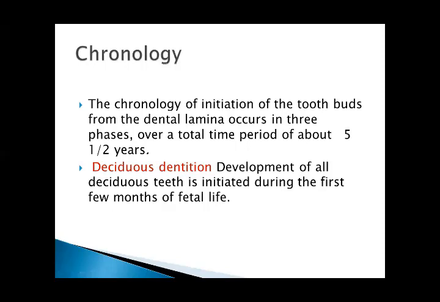Chronology. The chronology of initiation of tooth buds from the dental lamina occurs in three phases over a total time period of about 5.5 years. Development of all deciduous teeth is initiated during the first few months of fetal life.